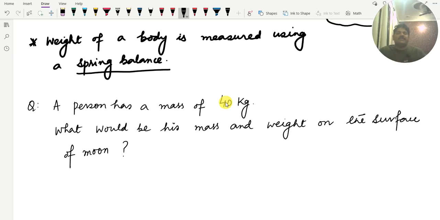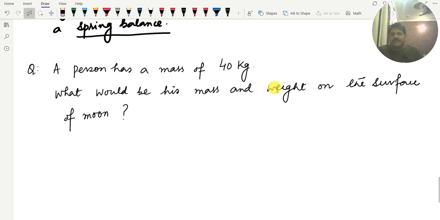We will establish the relation after some time. So now look at this question. The mass of the body is 40 kg. This is fixed. This doesn't change. This mass wherever you go would remain same.